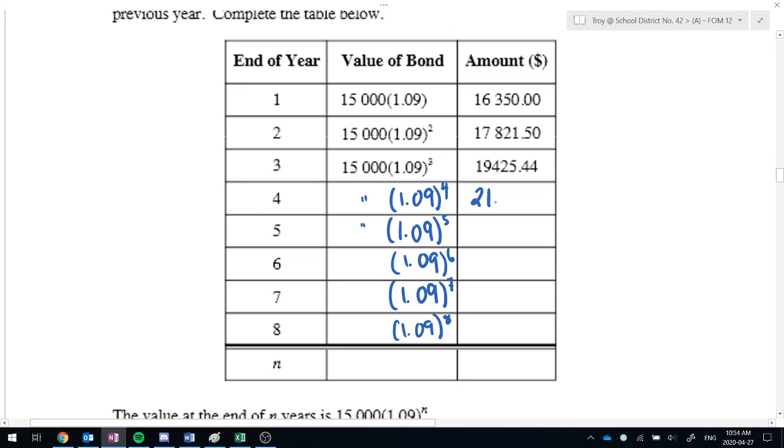So there, that gives you $21,173.72. 1.09 to the power of 5 times 15,000 gives you $23,079.36. 1.09 to the power of 6 times 15,000 gives me $25,156.50, and I mean, you get the point, right? It's getting larger. Okay.